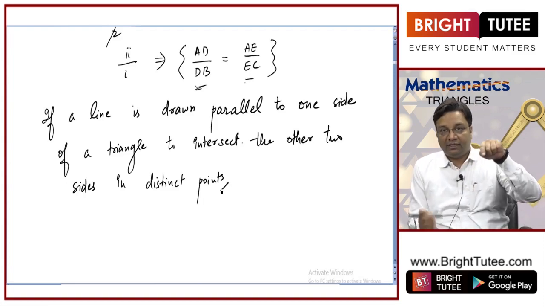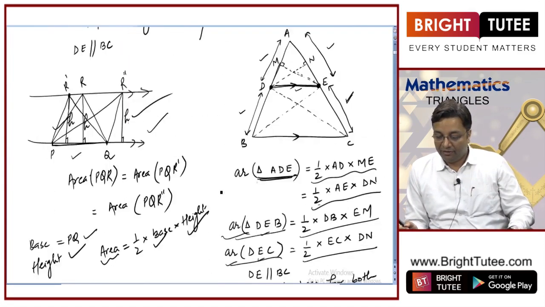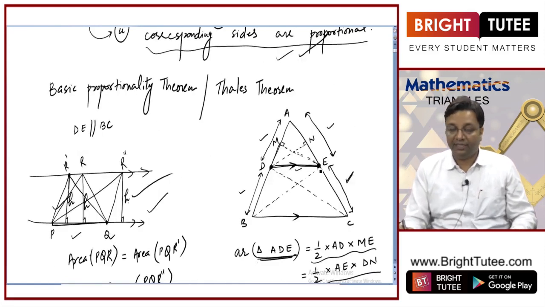We have drawn the line D. Which line did we draw? We drew the line DE in this case.